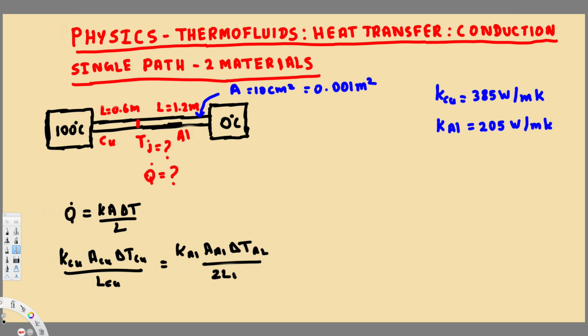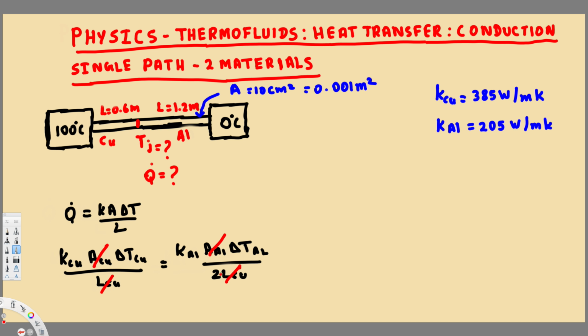In that way we can cancel some of the things. From this one we can cancel this, and this, and also the cross-sectional area for both of them is the same, 10 centimeters square. So we can cancel that too. Now we are left with this part.